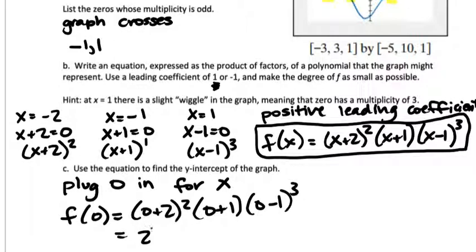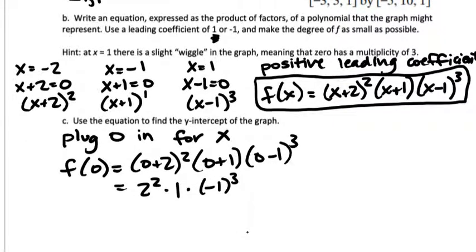So 2 squared times 1 times -1 to the third. -1 to the third is -1, and 4 times 1 times -1 is -4.